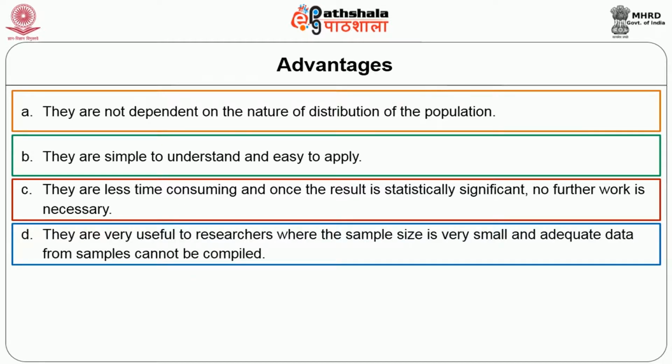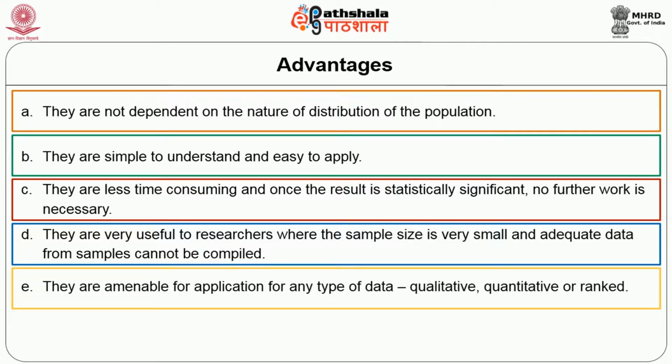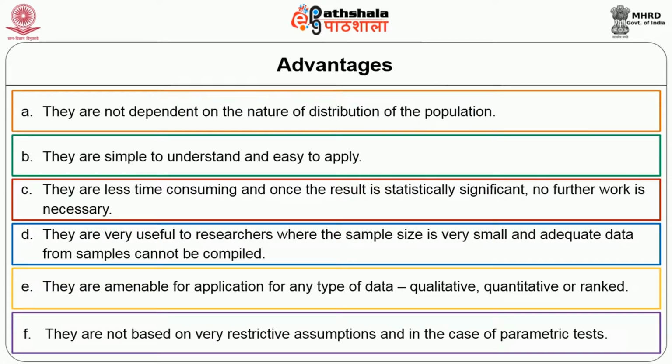They are very useful to researchers where the sample size is very small and adequate data from samples cannot be compiled. They are amenable for application to any type of data, qualitative, quantitative, or ranked. They are not based on very restrictive assumptions, as in the case of parametric tests.